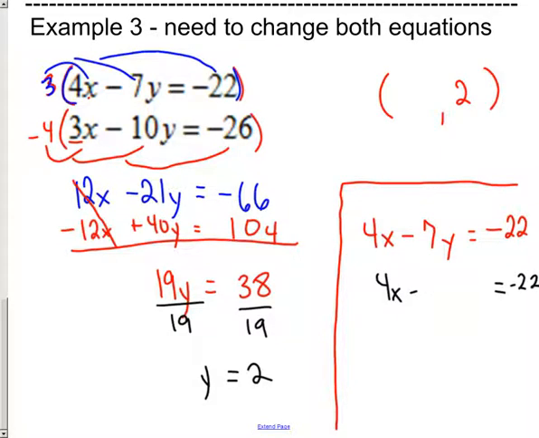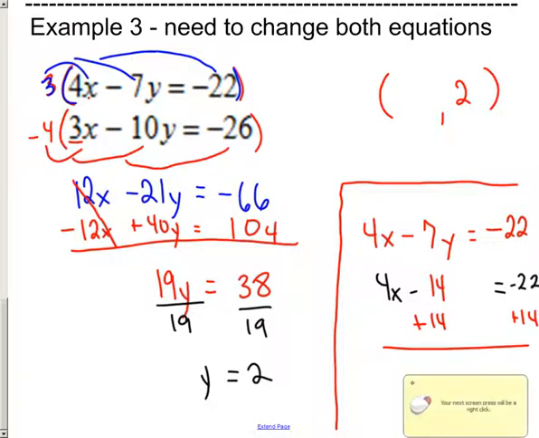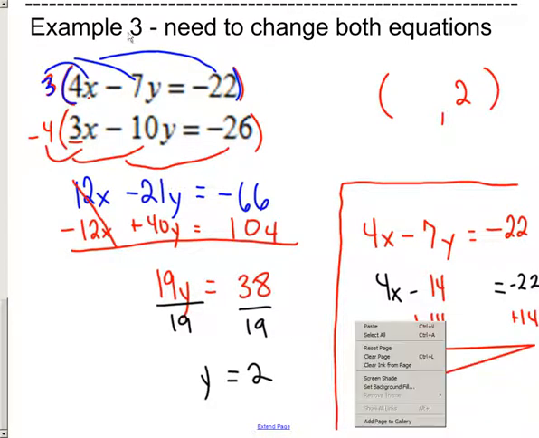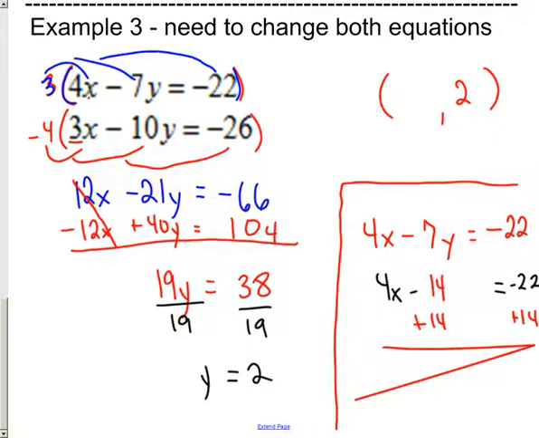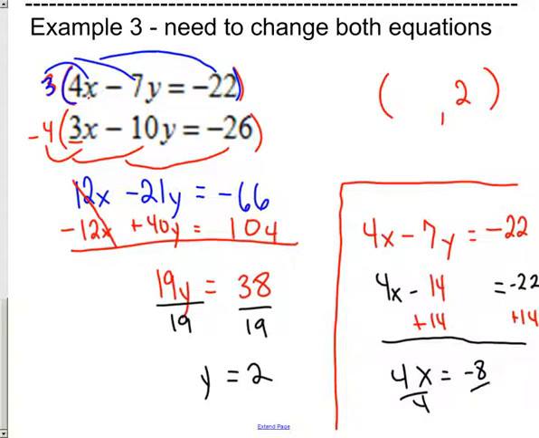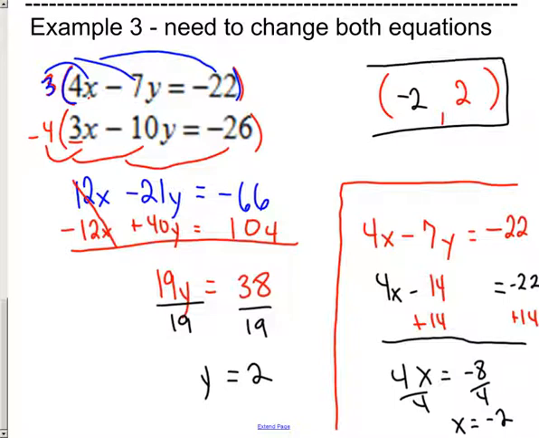And of course, that's going to be negative 14. So we can add it, and we find out that x is negative 2.